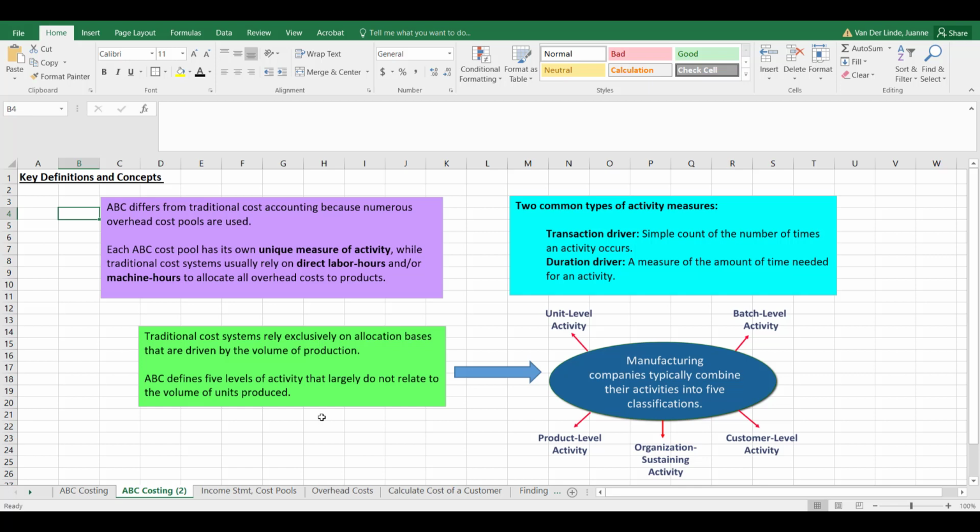They're not volume dependent. We have product level, organization sustaining, customer level, batch level, and unit level activities. Unit level activity is the only one that is related to volume. The other activities aren't related to volume like direct labor hours and machine hours are. That's the main difference: we are looking at a bunch of different activities that largely are not related to the volume of production under ABC costing. So keep on watching and we'll look at a detailed example.